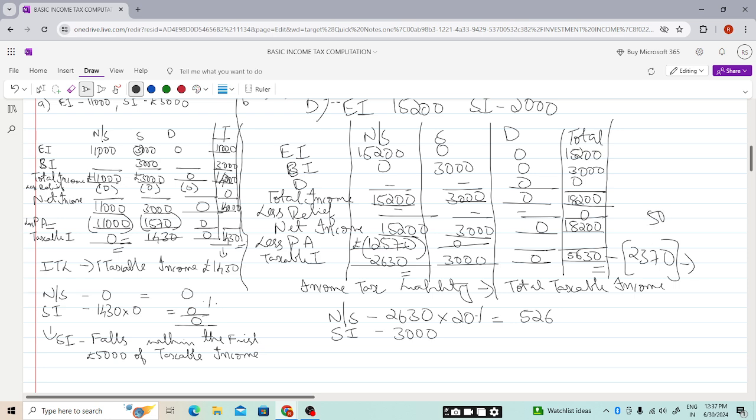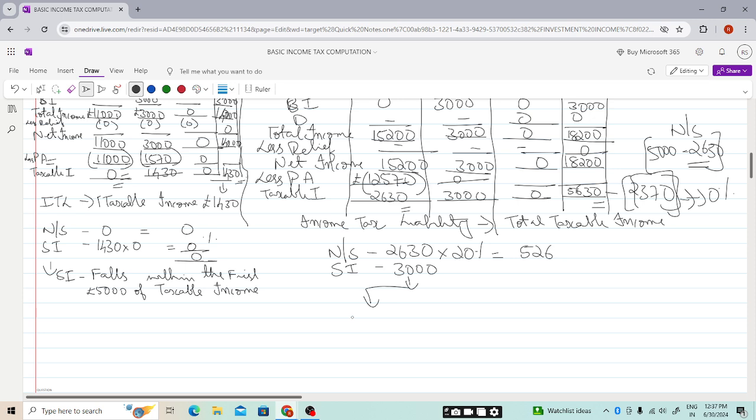That is 5,000 less 2,630, because non-saving income is only 2,630. So this amount will be taxed at 0%. Of the 3,000, 2,370 will be taxed at 0, because the saving income falls within the first 5,000 of the taxable income.